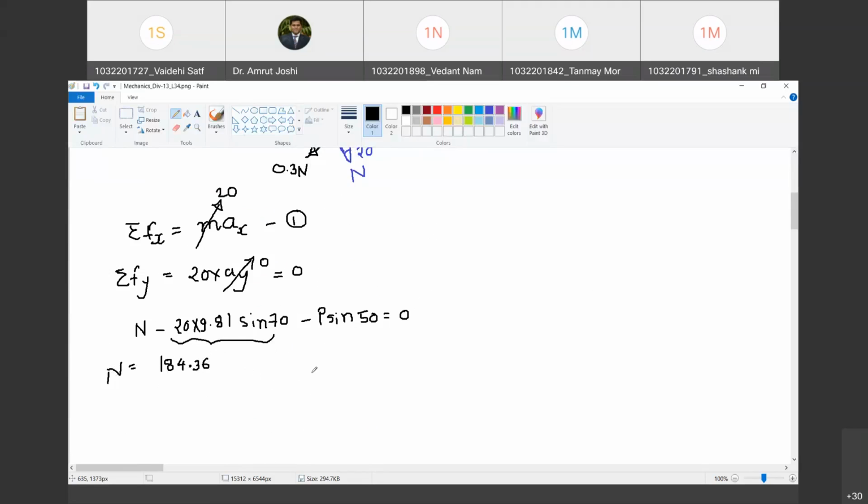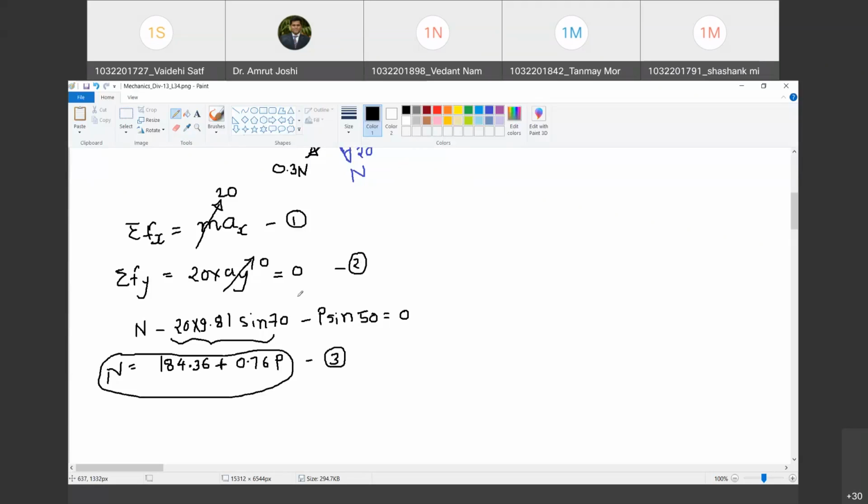And what is the value of P? Plus sine 50. What is the value of sine 50? 0.76. So 0.76 P. So let me call this as equation number 2. Let me call this as equation number 3.